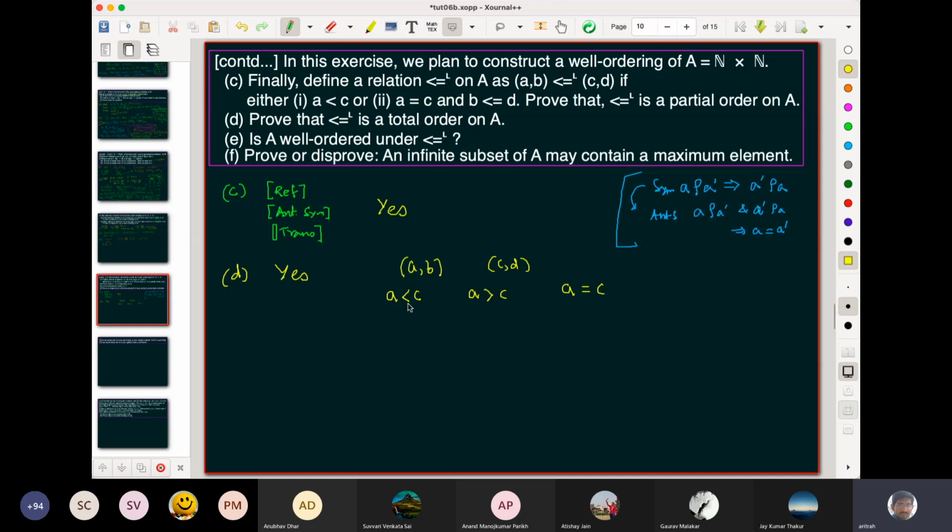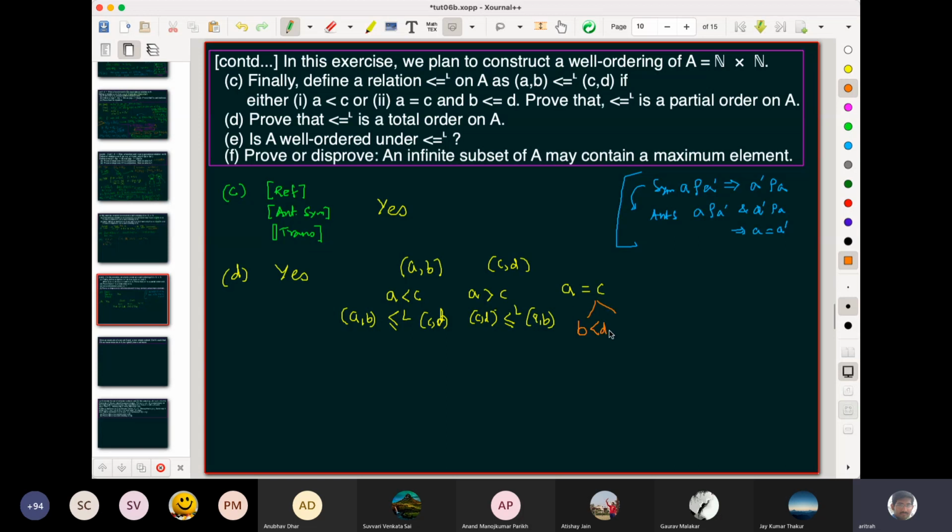If A is less than C, due to the first condition, this relation holds. If A is greater than C, again due to the first condition, the relation will hold the opposite way. So in the first case, AB is related to CD. In this case, CD is related in this manner to AB. What if A equal to C holds? Then we have to consider again two conditions.